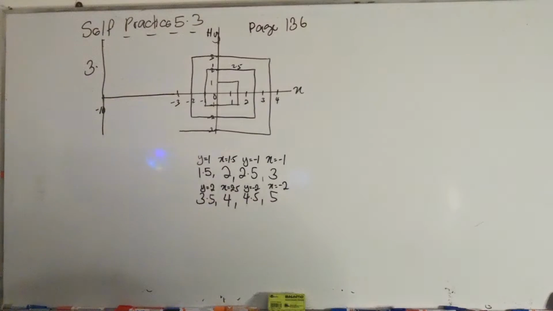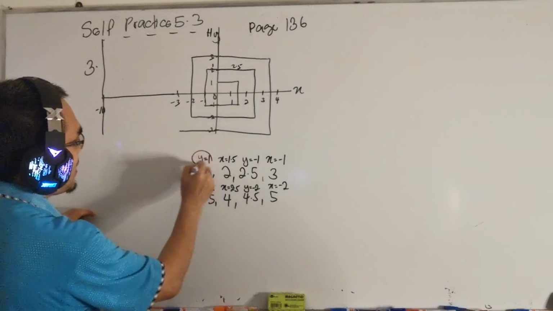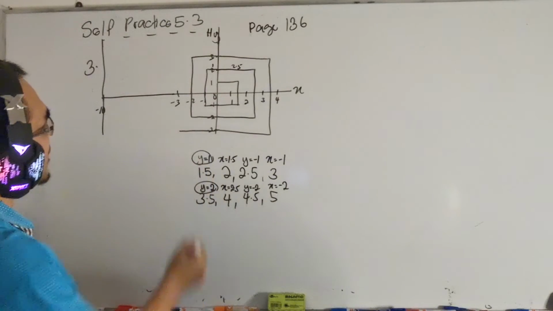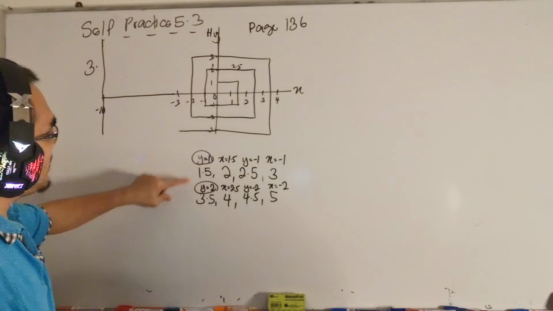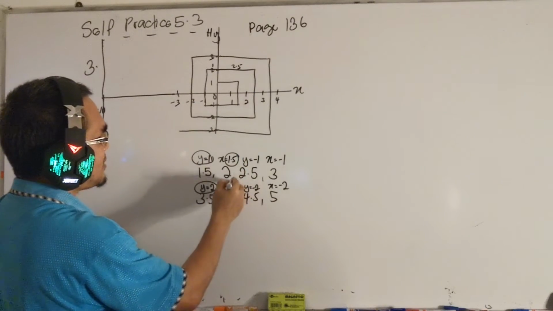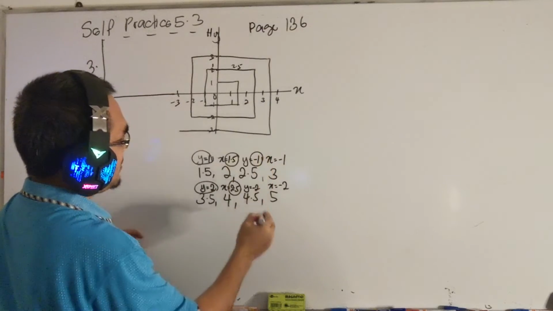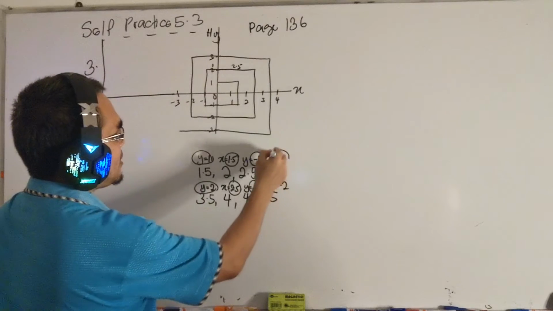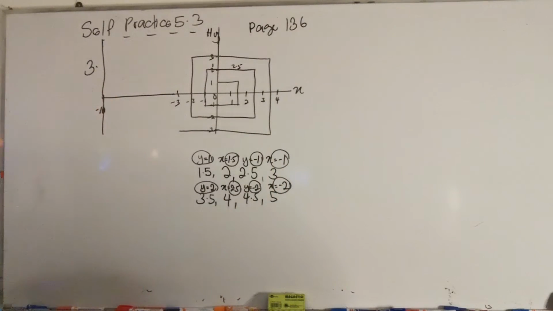Can you see the pattern? The first one is y equals 1, and then y equals 2. X equals 1.5, here x equals 2.5. Y equals negative 1, y equals negative 2. X equals negative 1, x equals negative 2.